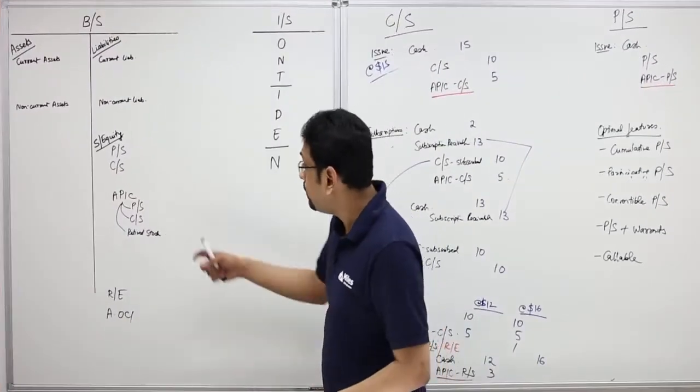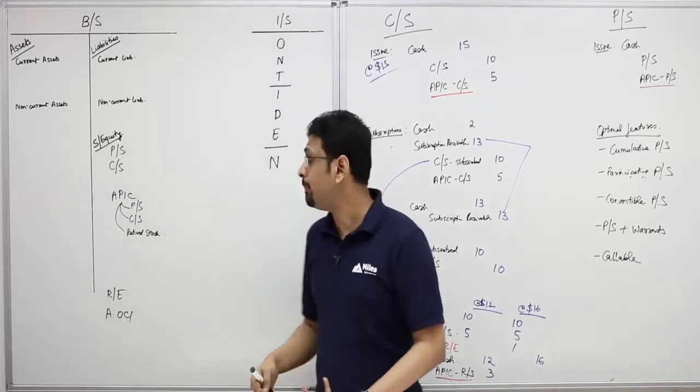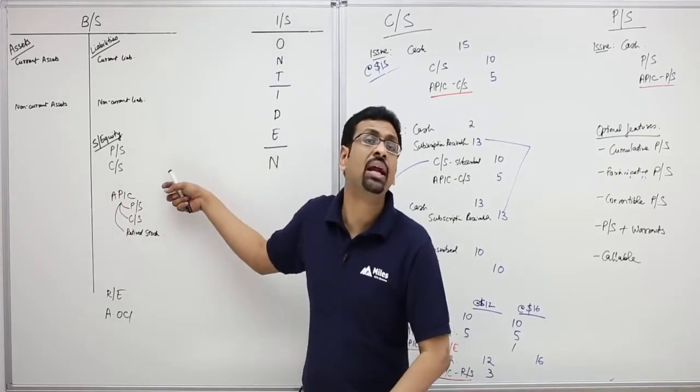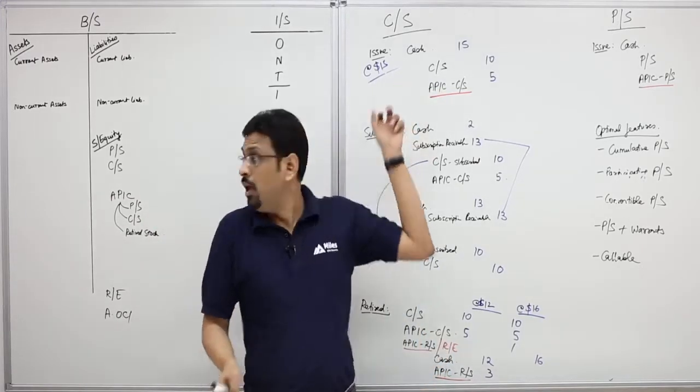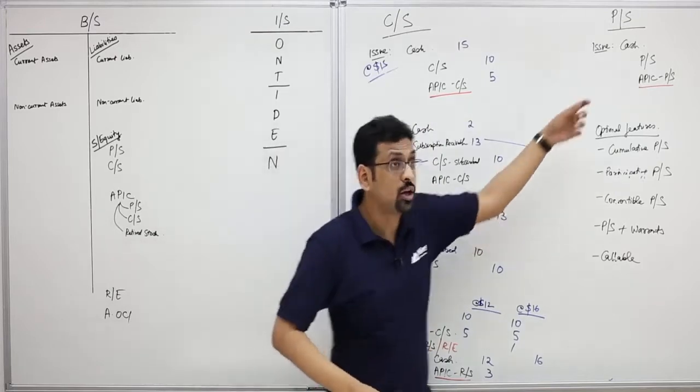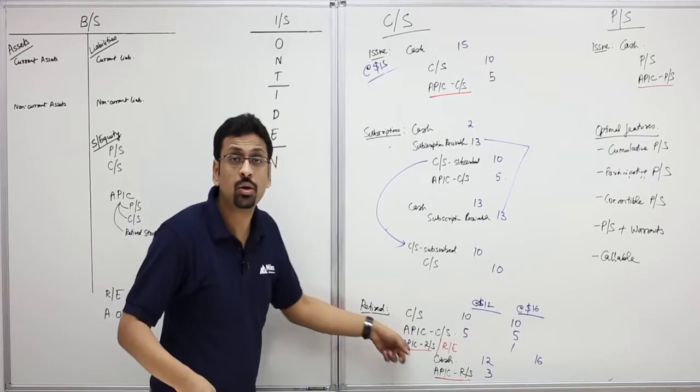We've talked about common stock, we've looked at preferred stock, and we've also been talking about additional paid-in capital, APIC. We've seen APIC due to common stock here. We've seen APIC due to preferred stock here. We've seen APIC retired stock when you retire the stock.